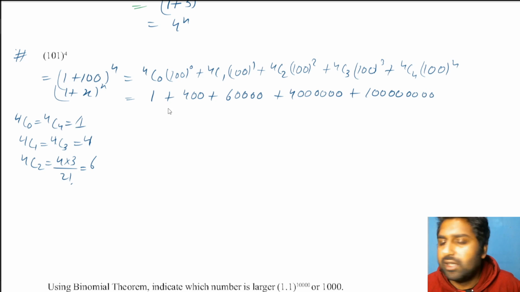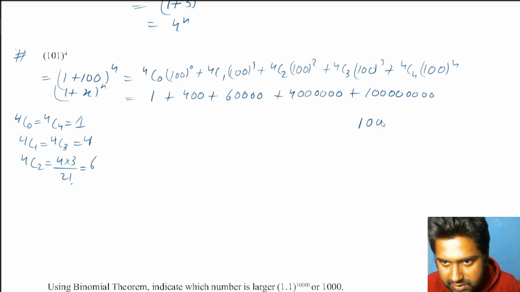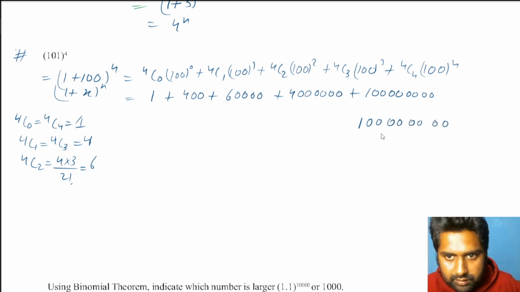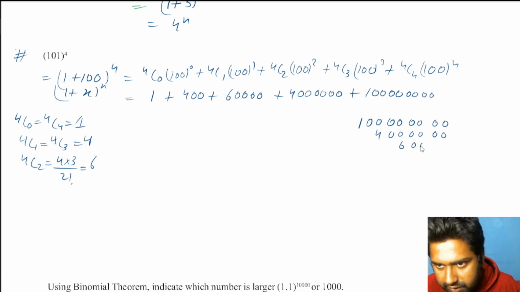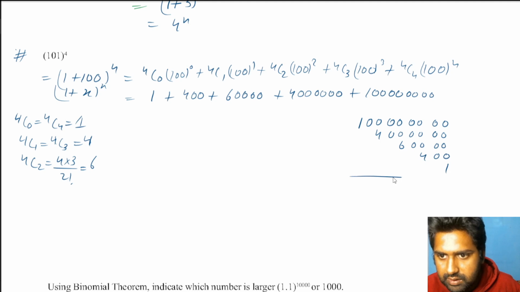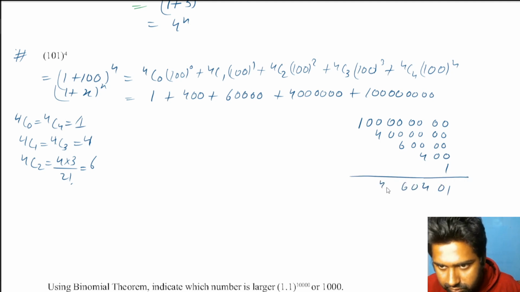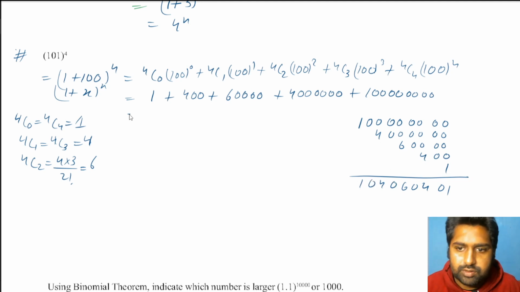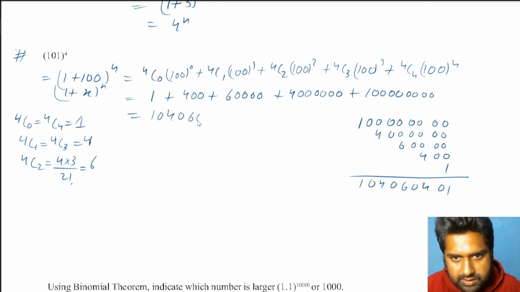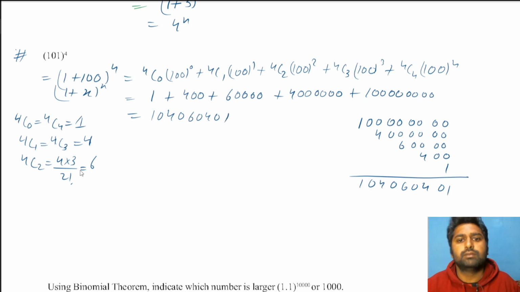My recommendation, don't try to do this fast, do the alignment: 1 followed by eight zeros, then 4 with six zeros, then 6 with four zeros, then 4 with two zeros, and then 1. Now add them: 104060401.